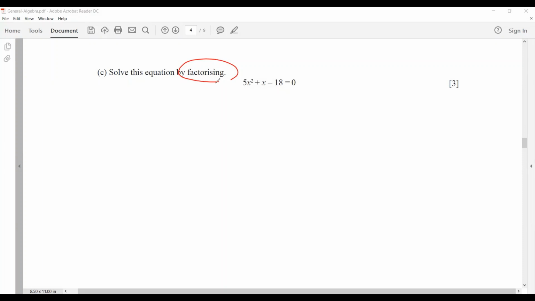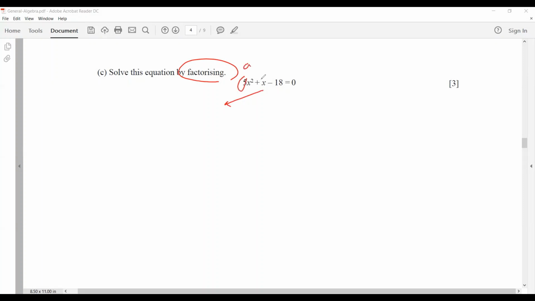So I'm going to use AC method. So those of you who have not seen this method, you can learn it as well. However, the easiest way to me right now is inspection method, which is faster. But again, some of you might find it difficult. So that's why I use AC method.